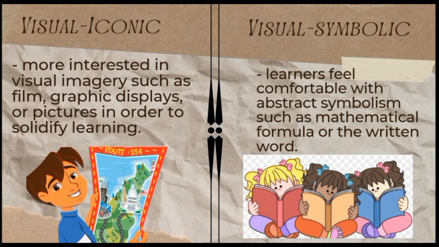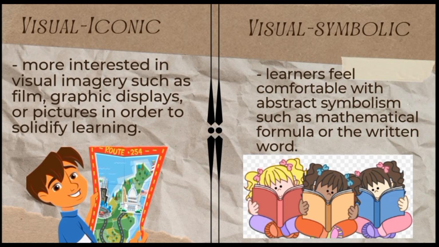When we say visual iconic, they are more interested in visual imagery such as film, graphic displays, or pictures in order to solidify learning. They usually have good picture memory. They would like to read a map better than to read a book.